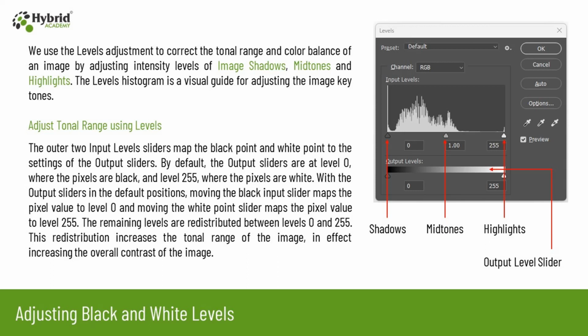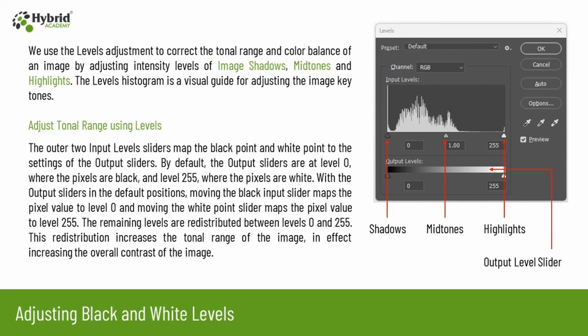Adjust tonal range using levels. The outer two input level sliders map the black point and white point to the settings of output sliders. By default, the output sliders are at level 0 where the pixels are black and level 255 where the pixels are white.